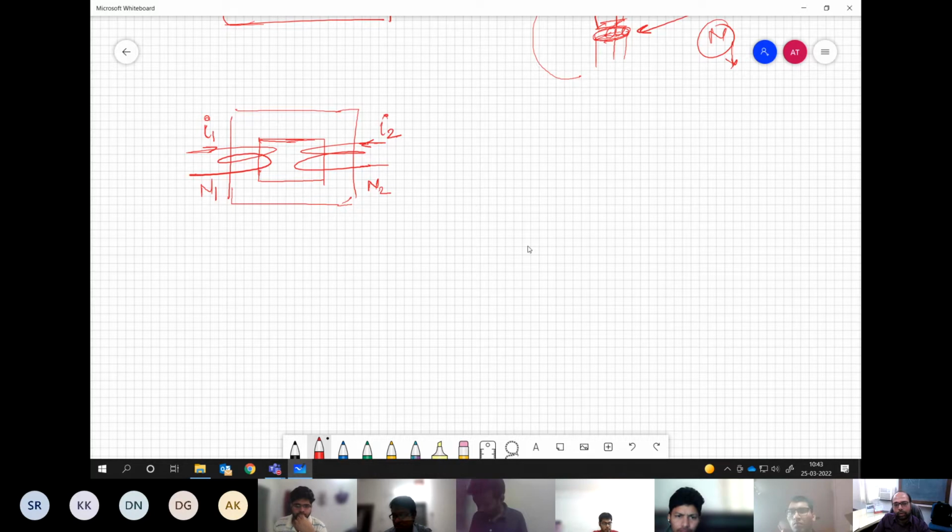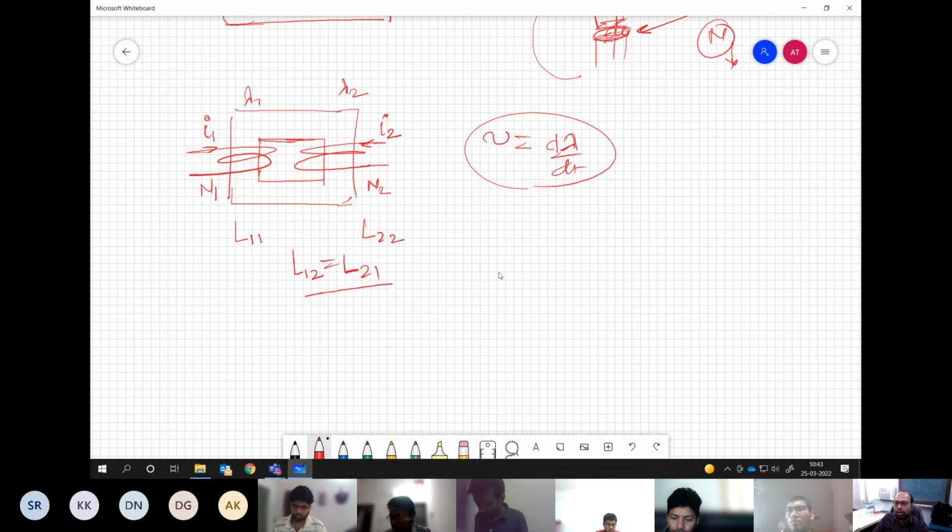Now what I'm trying to compute here is, similar to what we have done for a single coil, V is nothing but d lambda by dt, right? So here we will have two flux linkages, lambda 1 and lambda 2. What I'm trying to compute is the circuit property, which means the self-inductances of these coils, say L11, L22, and the mutual inductance, L21 or L12.